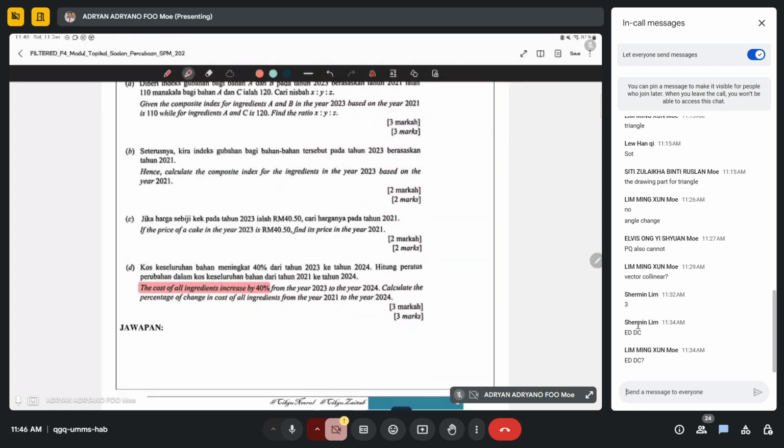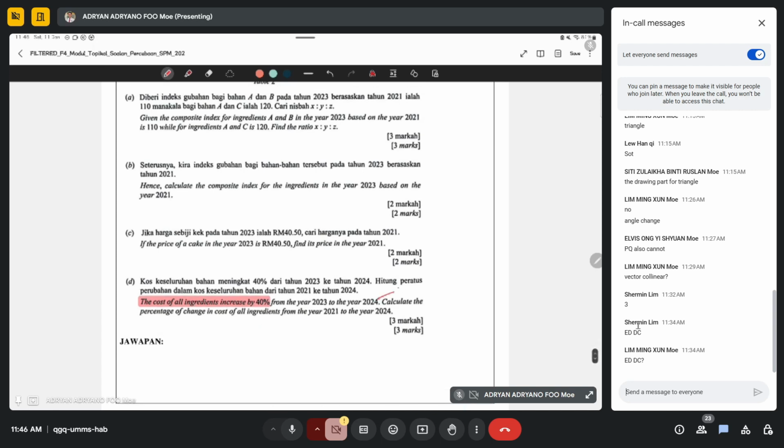When they say all ingredients increase by the same percentage, meaning A, B, C, D all increase by 40%, you can use the chain rule. What chain rule? It's the composite index. Let's say they give me a composite index of 24/23, and then ask me to find 24/21. Earlier I must have found 23/21. So I can directly multiply 24/23 by the index 23/21 to get 24/21. I can use the chain rule. Why? Because here they say all ingredients increase by 40%.